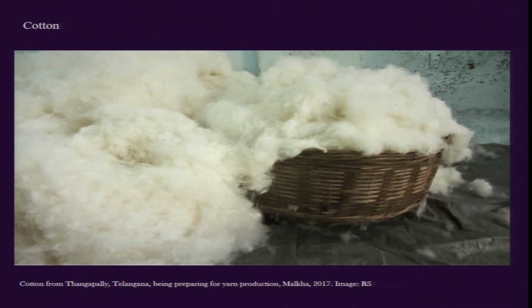But if we get into the depth of this fiber, we'll see that it is not homogeneous all across the Indian subcontinent; there are different kinds of cotton. There are cottons which have much shorter fiber, and then cotton which will have much longer fiber, and both kinds would be used for different purposes.